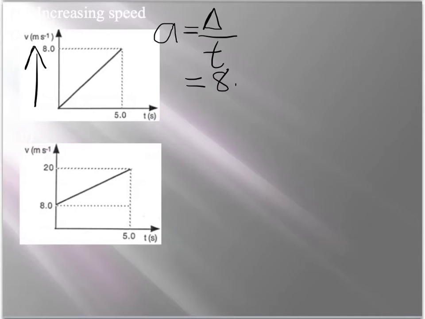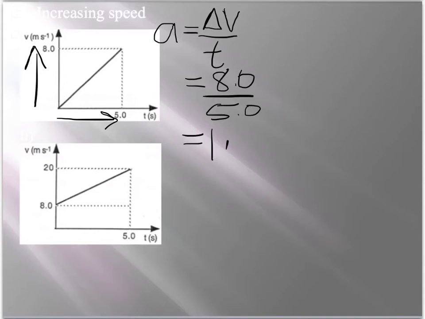So that's 8 for our rise divided by 5 for the change of time or the run, and of course that gives us a bit over 1, more precisely 1.6 meters per second squared for the unit.